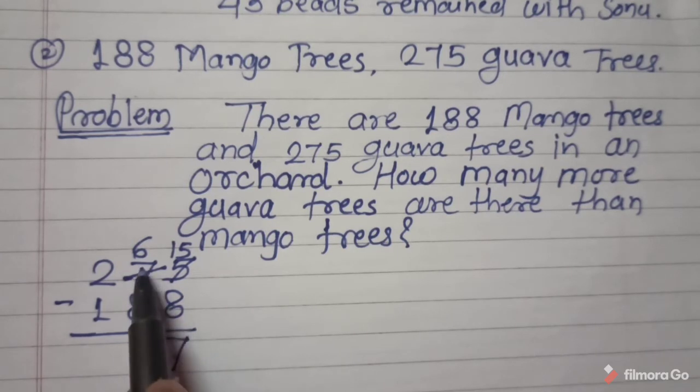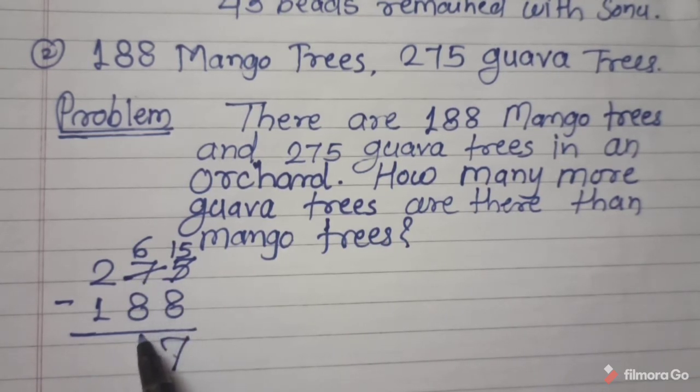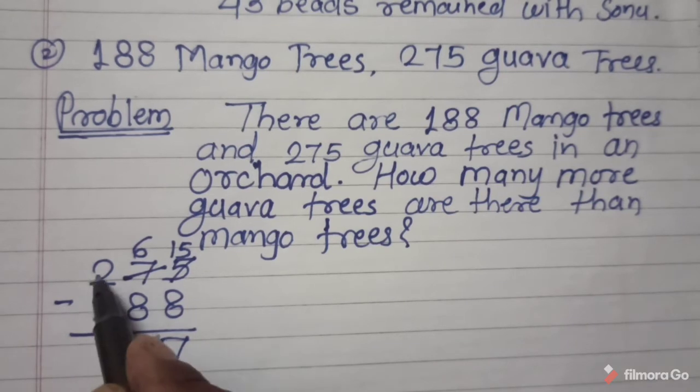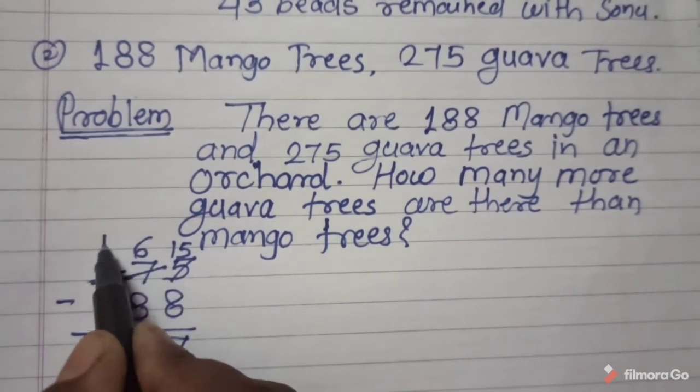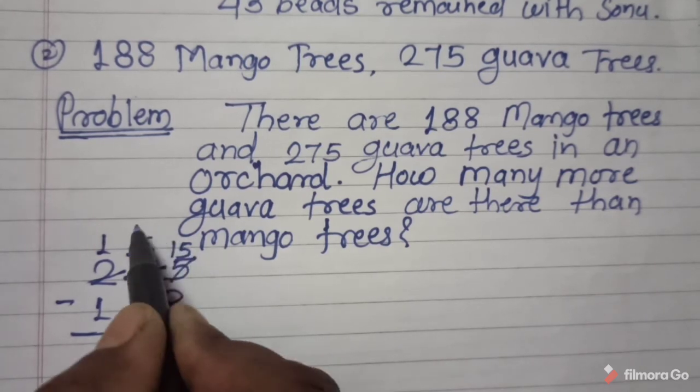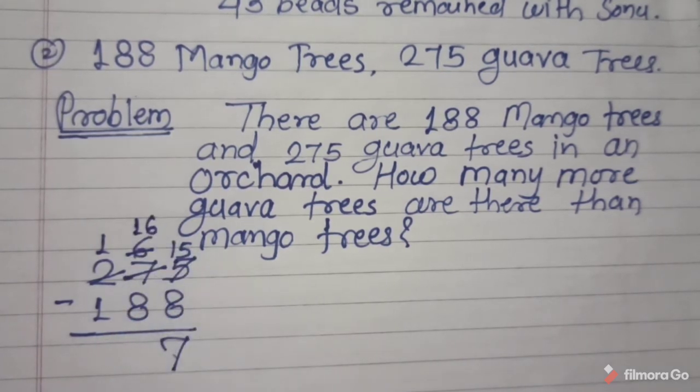Then again the tens column. We cannot subtract 8 tens from 6 tens, so we are going to take 1 hundred from 2. It means 2 becomes 1 and 6 becomes 16.